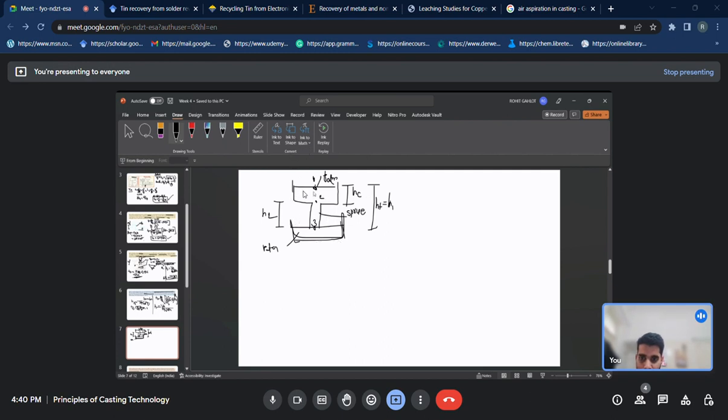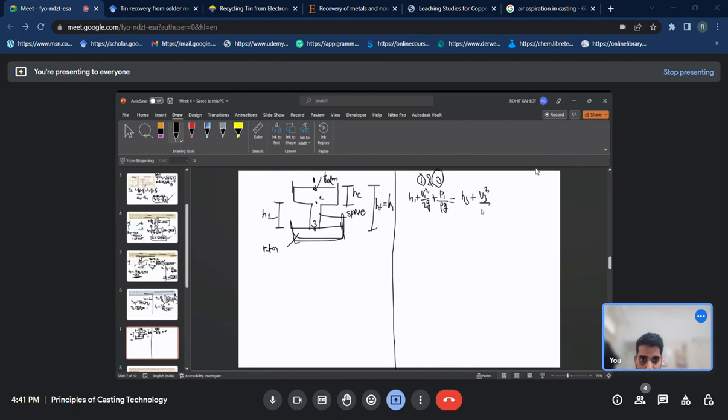Now applying Bernoulli between point 1 and 3, I need to write it as h1 plus v1 square by 2g plus p1 by rho g, this will be equal to h3 plus v3 square by 2g plus p3 by rho g.